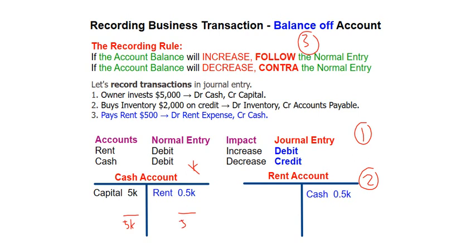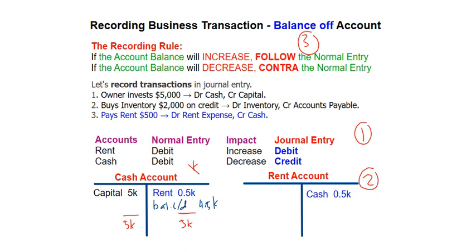The difference between the total and the amount in that particular column is what we call the balance, the closing balance. So you will need 4,500 to close the balance. So this is closing or balancing of the accounts.